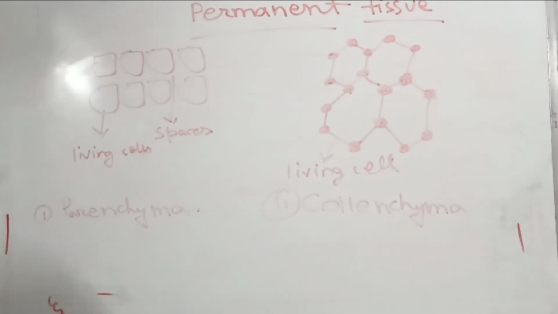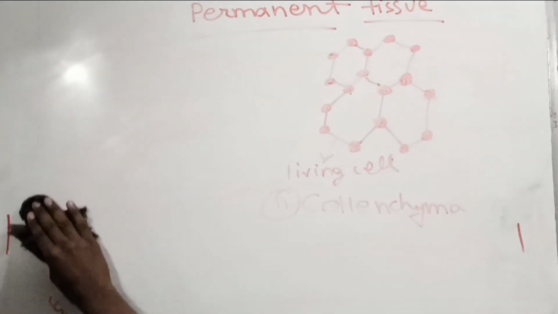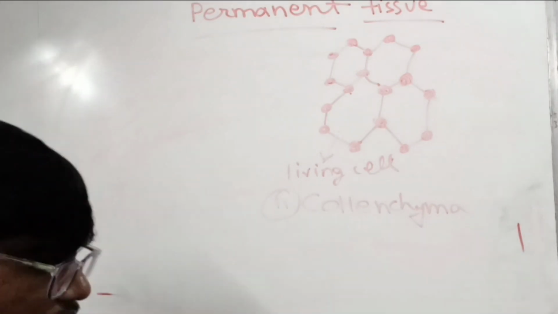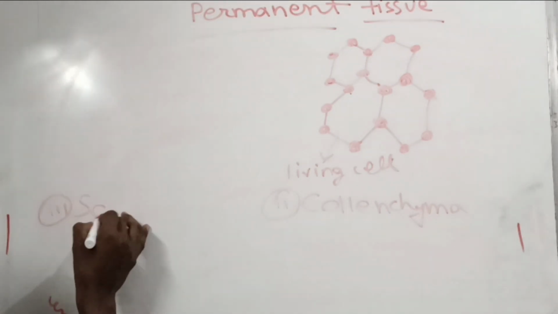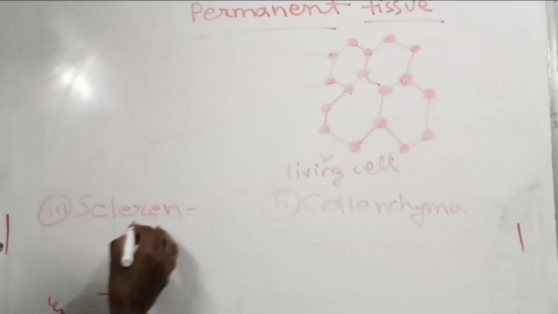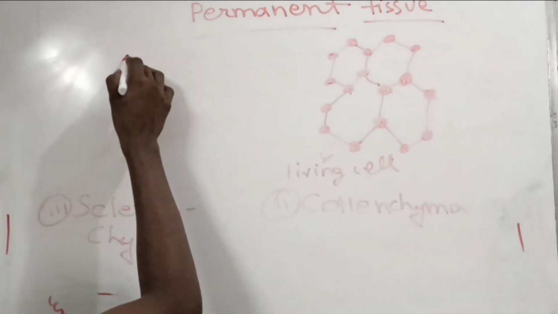So the next type of this permanent tissue that I will draw is sclerenchyma.